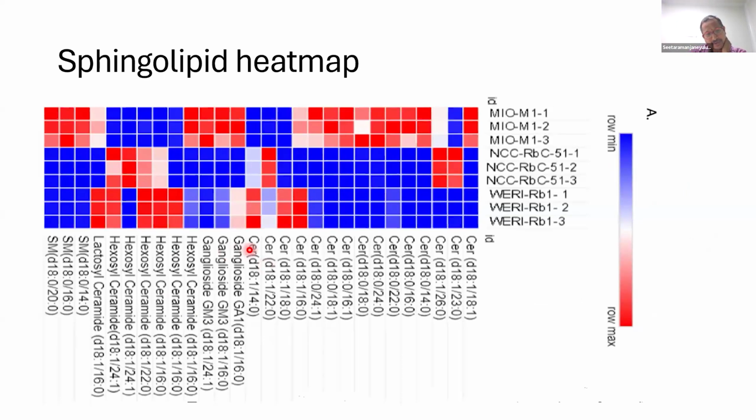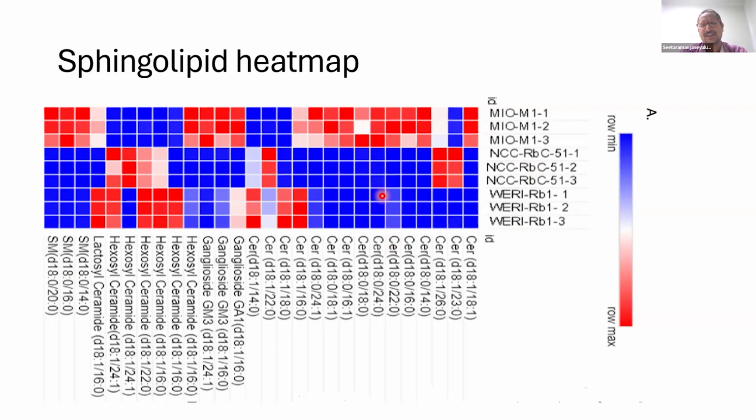In the heat map, we are giving all the major markers, all the major metabolites from the ceramide pathway or sphingolipid pathway: ceramides, gangliosides, hexosyl ceramides, and sphingomyelins. And the important thing is, in the retinal cell line, mostly these are upregulated, but in the cancer cell lines, these are downregulated. All the ceramides are downregulated.